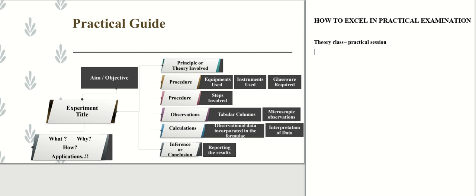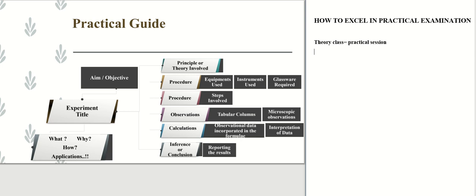Now, if you do this kind of analysis, it'll be really easy for a student to remember the practical, the procedure involved in the practical, the theory involved in the practical, and also the class lectures.